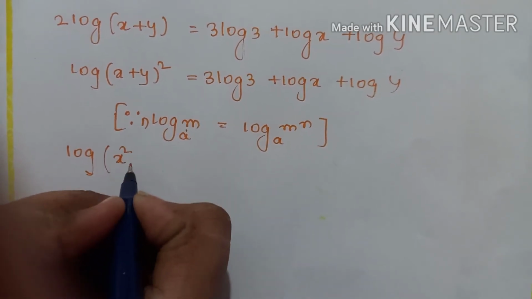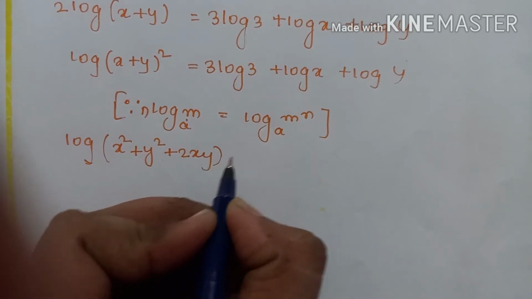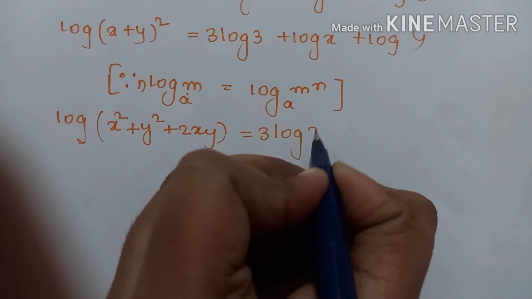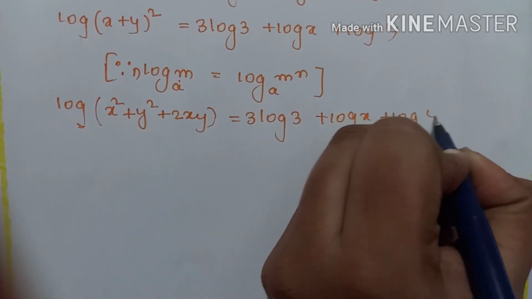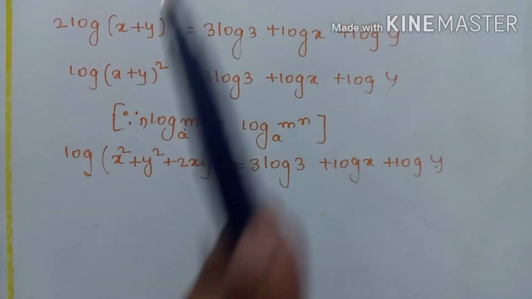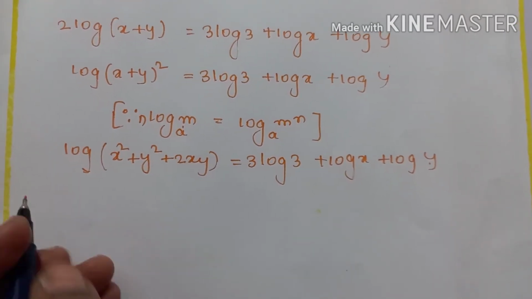So a square plus b square plus 2ab, that is x square plus y square plus 2xy, is equal to 3 log 3 plus log x plus log y. From the question, x square plus y square is 25xy. So we are going to substitute the x square plus y square value as 25xy.